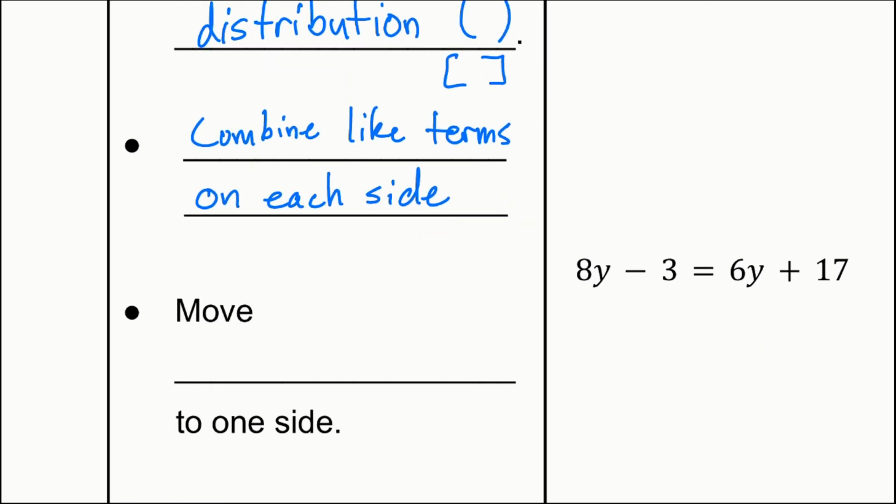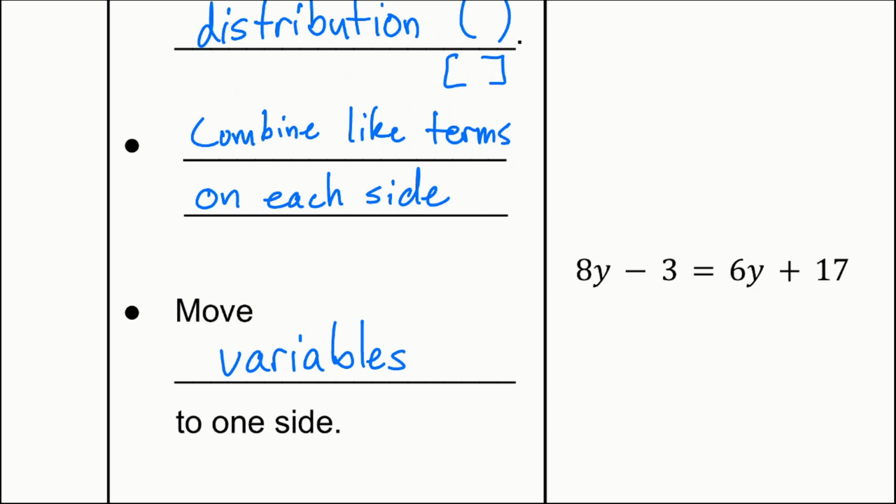Then we get to the new part of this, because we have variables on both sides of our equations. What you want to do is move your variables to one side, meaning you want to get all of the variable terms on one side.